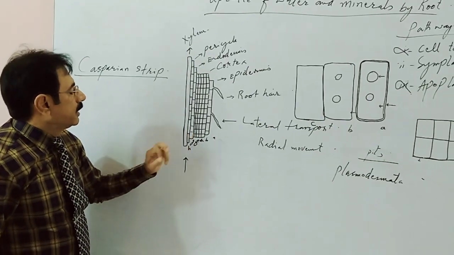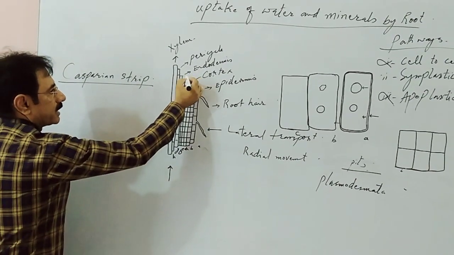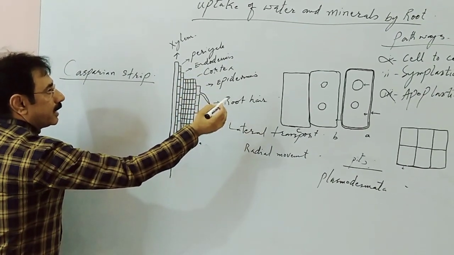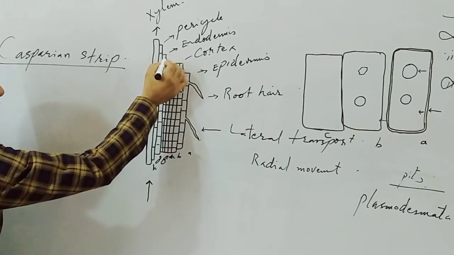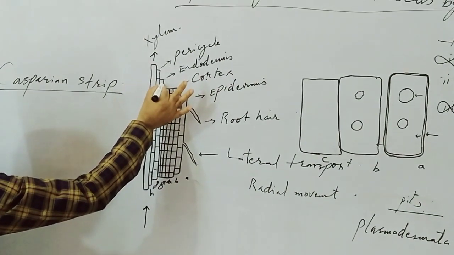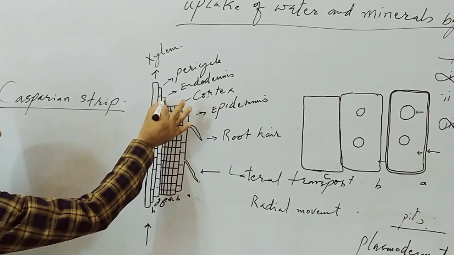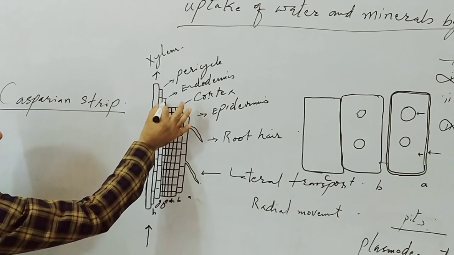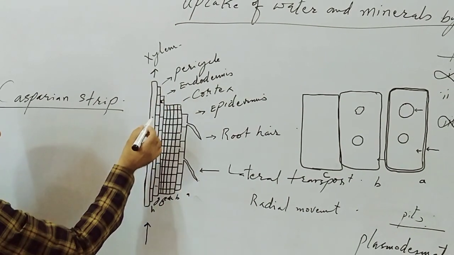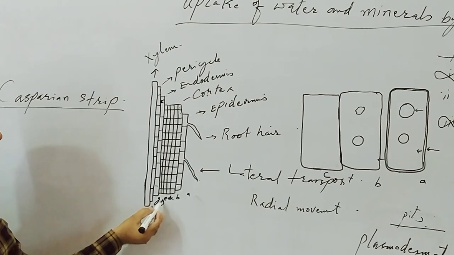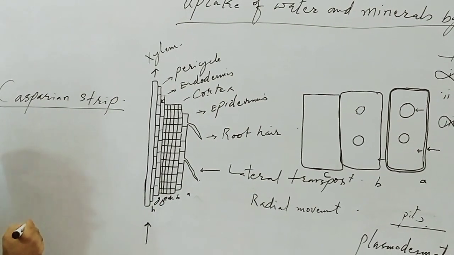So, dear students, when the water reaches the endodermal cell using the symplastic pathway, the water and minerals are passed to the pericycle. Here the movement of water and minerals from cell F to G is an active transport.